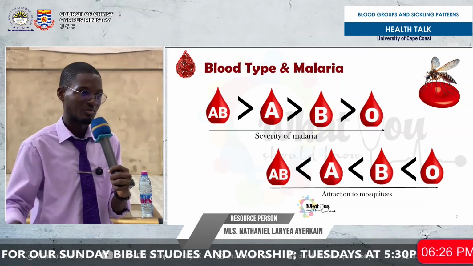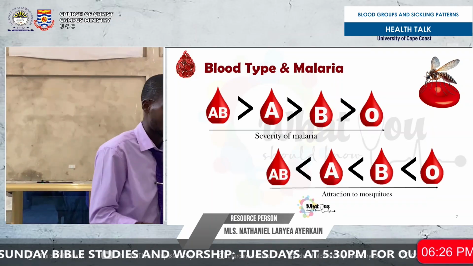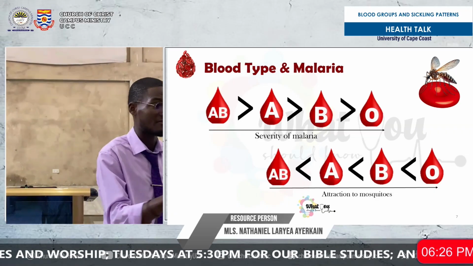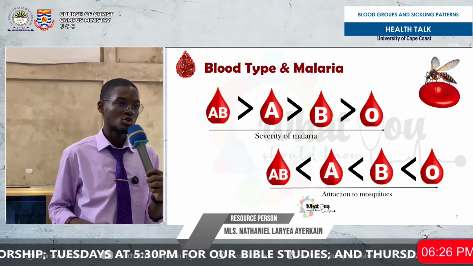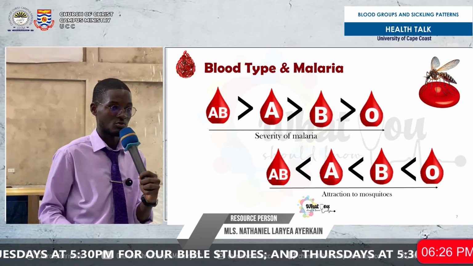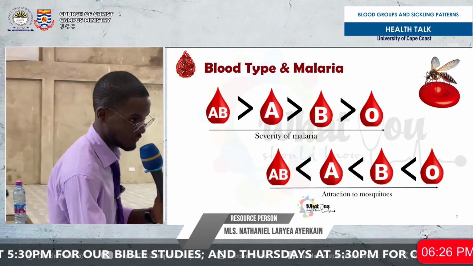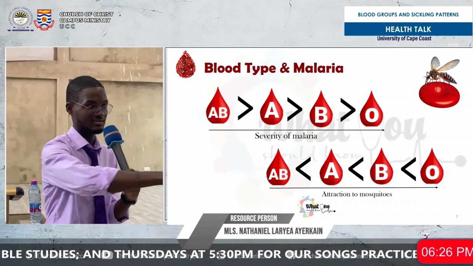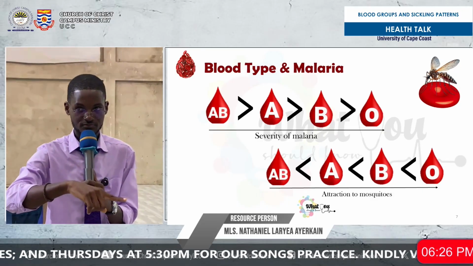Meaning, for example, if you are blood group O, you don't have any of the labels, right? So even if the parasite is there, there is no handle for it to use to open the red blood cells to enter. There is no label there.